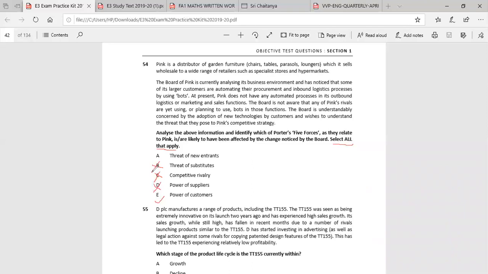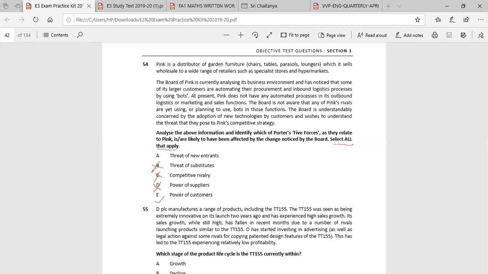In that case, if a new entrant is technologically having those advanced features of bot usage, then it becomes very easy for a new entrant to enter into the market, because they have a demand for that. They have a market for this particular technology. If some new entrant has this technology available with them, then they can become a threat to the business. That is the point here.